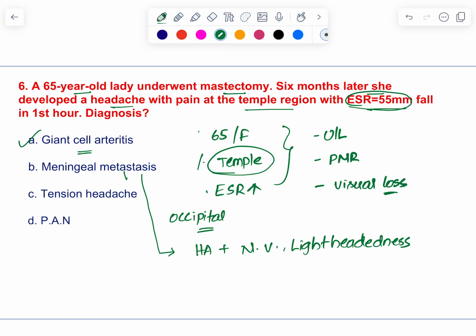They also complain of lightheadedness. And the next important feature is difficulty in the gait, so gait abnormality or gait weakness.